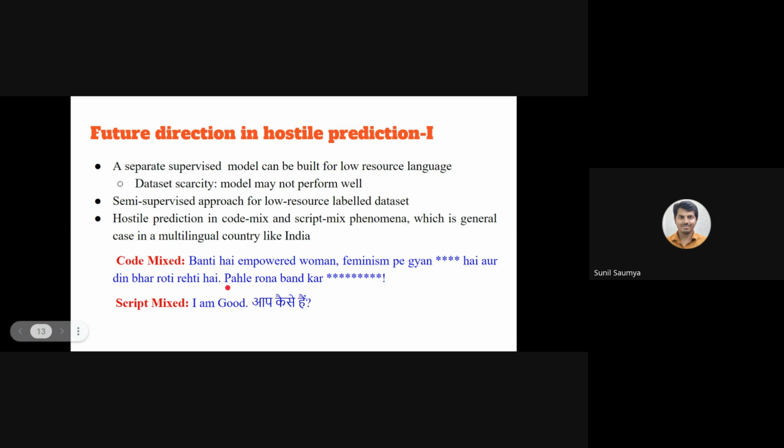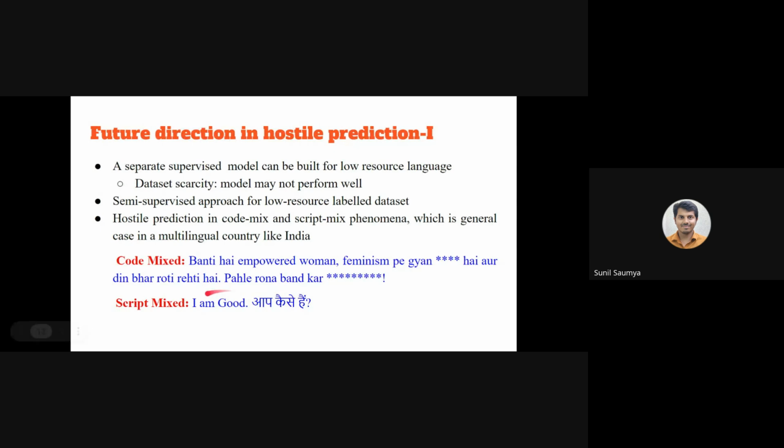Similarly, people write Kannada sentences in English. So there are two languages involved, and it is not written in Devanagari but in the Romanized script. That's the problem with the model: it is not able to understand the pattern. So this is one of the challenges.